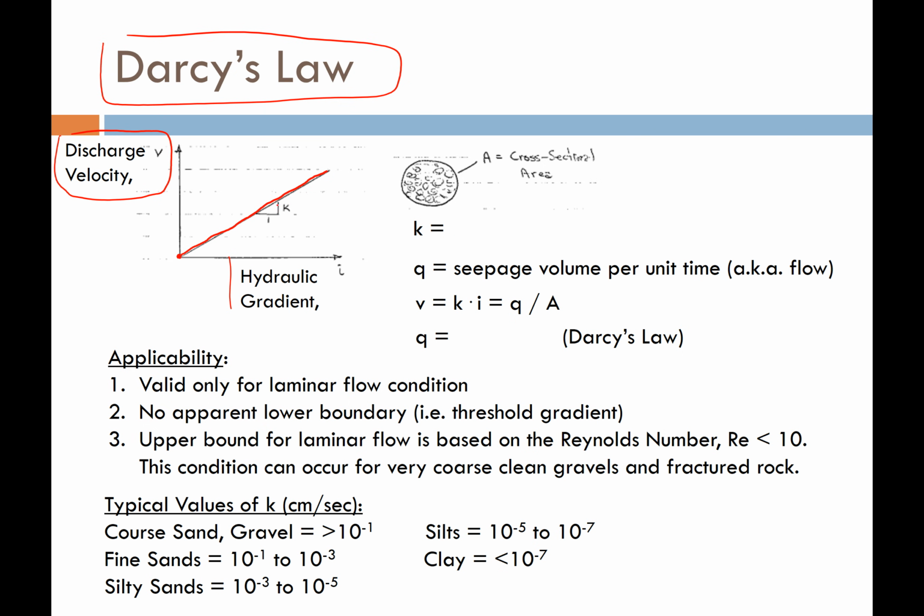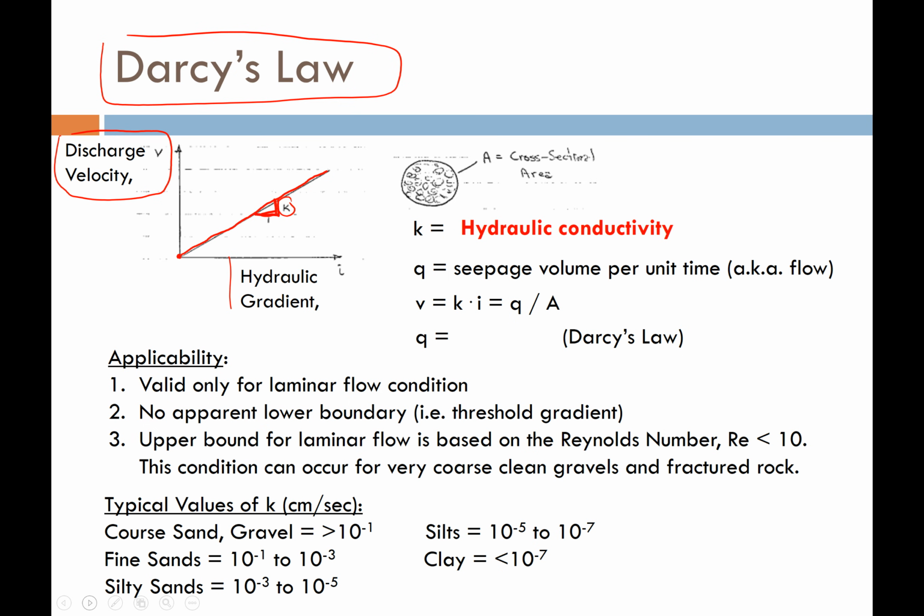So then he defined the slope of this line as K, which was named the hydraulic conductivity of the soil. This is a measure or a quantification of a soil's ability to permeate or to transport fluids through it.